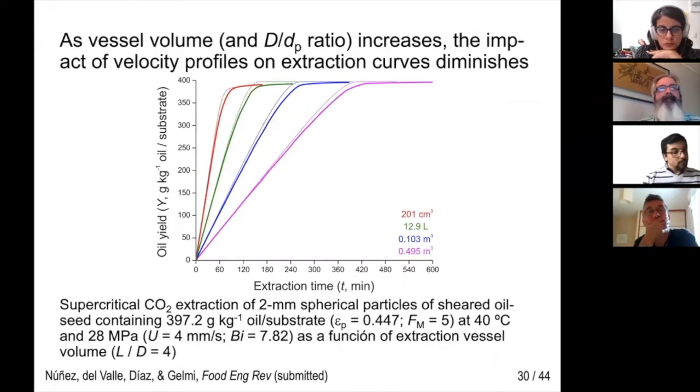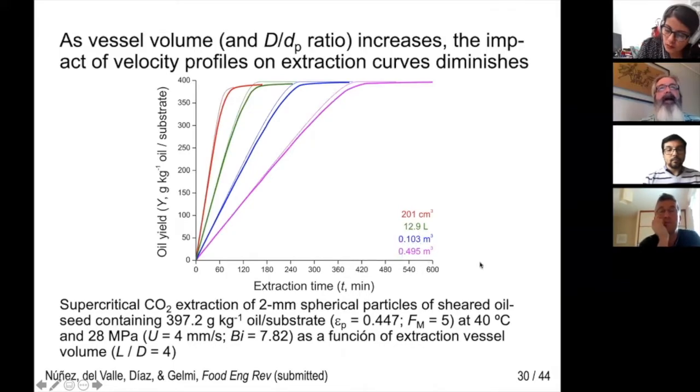There was a substantial reduction in the effect of the radial profiles of superficial velocity on the supercritical CO2 extraction of vegetable oil from a pre-pressed substrate, as compared to the plug flow conditions, thin lines, when increasing the vessel size from a typical laboratory size of 0.2 liters to an intermediate pilot plant size of 13 liters and large industrial sizes of 100, 300, or 500 liters.